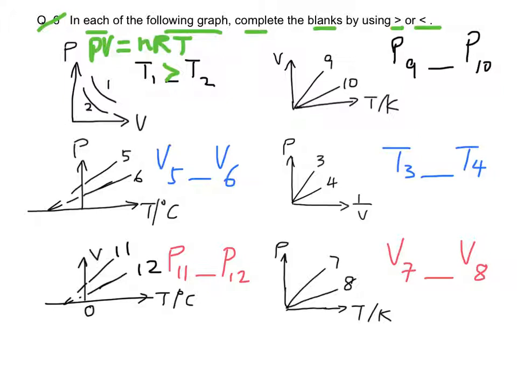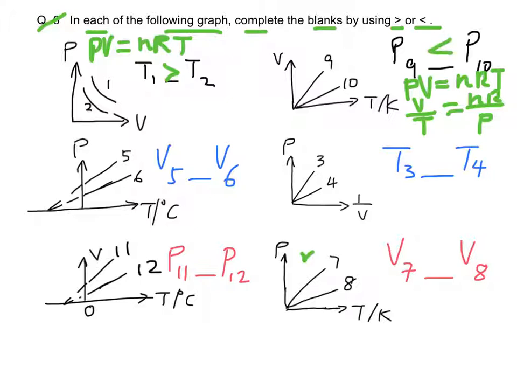For the second one, using PV equal to nRT, we have V over T equal to nR over P. Therefore, P9 is smaller than P10.